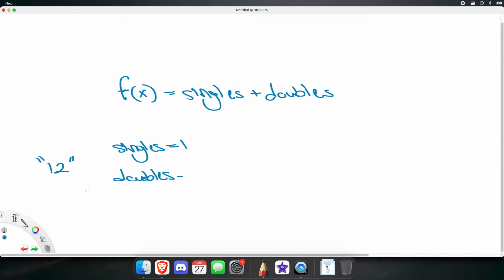But this changes a little bit if our input is 0, 6. If the first digit is a 0, then singles should be changed from 1 to 0.